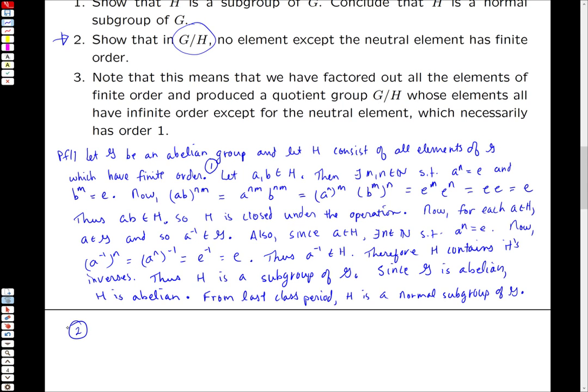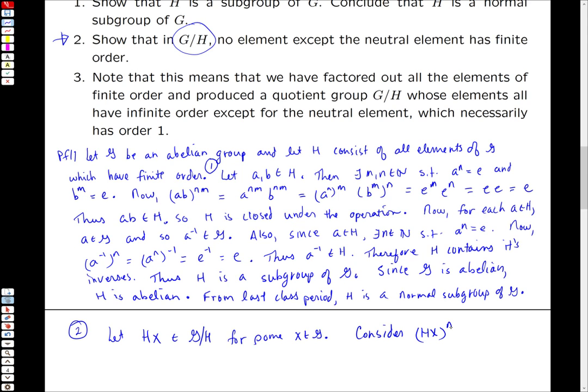What does it mean? They can find at least a positive integer. Yes. Let Hx be in G mod H for some x in G. And then consider the powers of Hx.